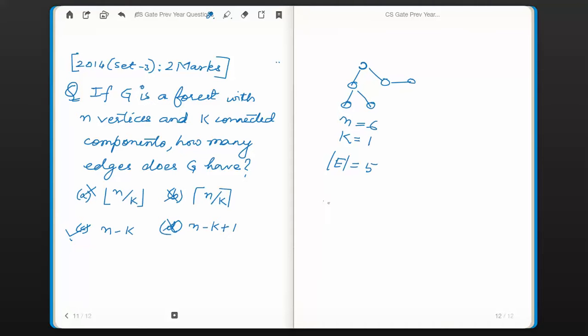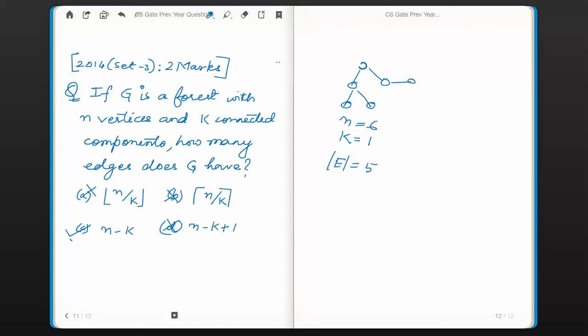So with option elimination we can do it very easily by taking an example and then checking what values of the number of edges for this particular graph are given by which of the options, and which options are giving incorrect values.